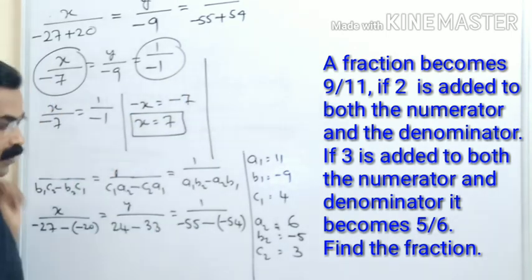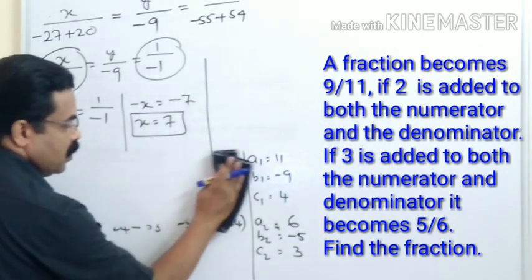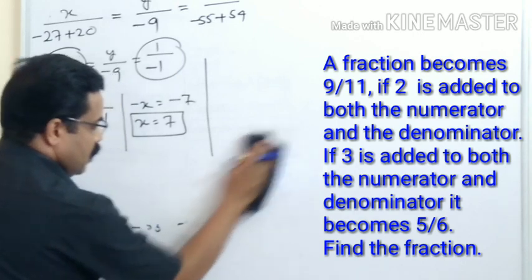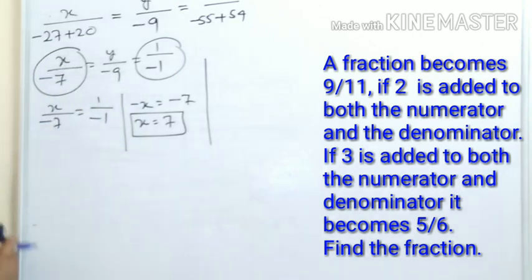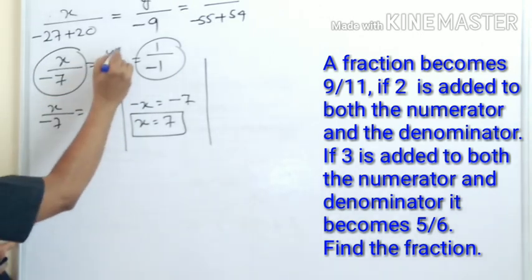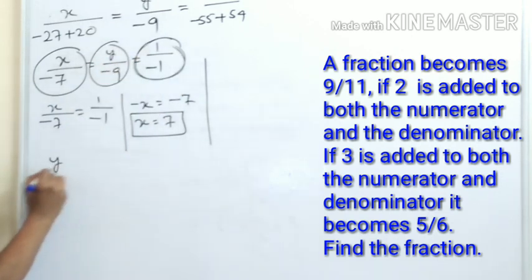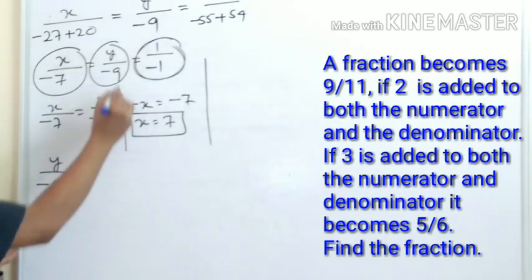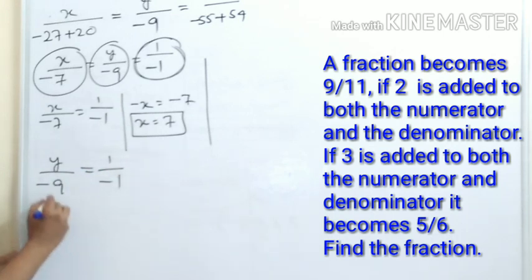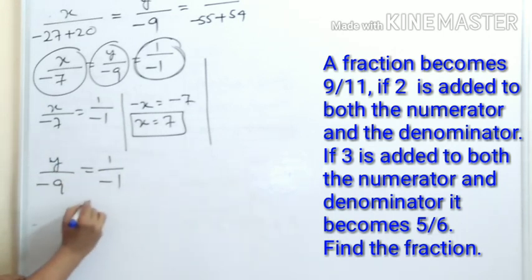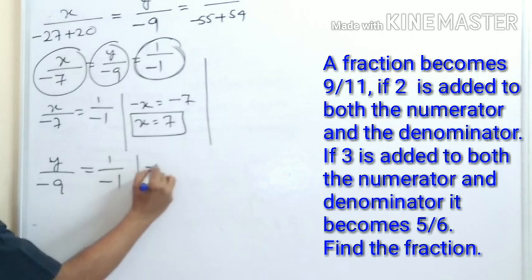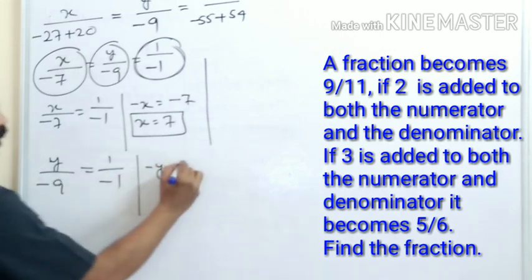Similarly, to get the value of y, equate the second with the last. So y by minus 9 is equal to 1 by minus 1. Cross multiplication, minus y is equal to minus 9.